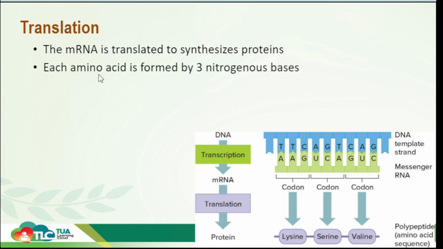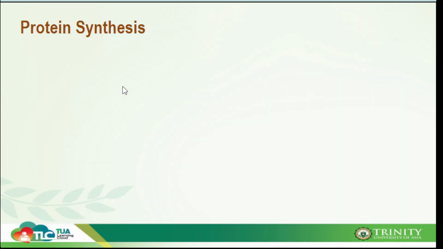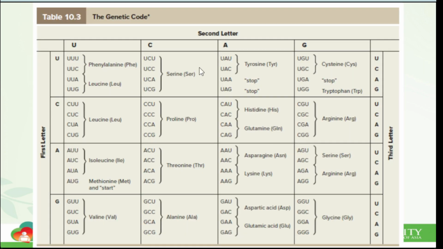So each amino acid is formed by 3 nitrogenous bases. Pakita ko lang. Yan. So each amino acid, so here we see the amino acid phenylalanine. So ano yung 3 base pairs niya? UUU and UUC. Yan. So each amino acid is composed of different triads or codons of your nucleotide.